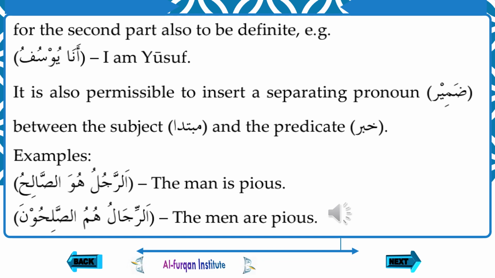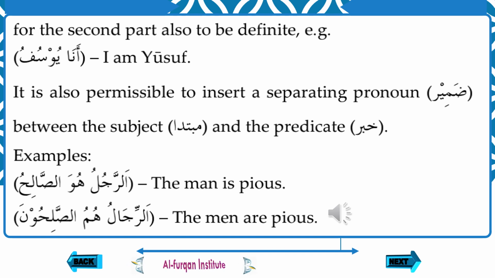The pronoun, that is the domir, e.g. ana, nahnu, can be inserted between two definite or two indefinite phrases. The demonstrative pronouns, ismul isharah, hada and tilka, can also be added. When such words occur in the predicate, that is khabar, it is okay if they are definite; the sentence remains grammatically valid.